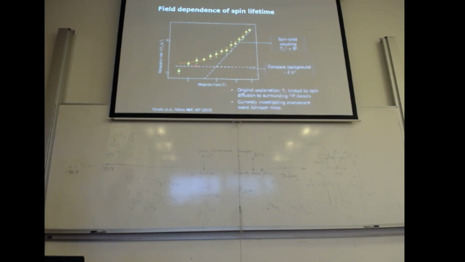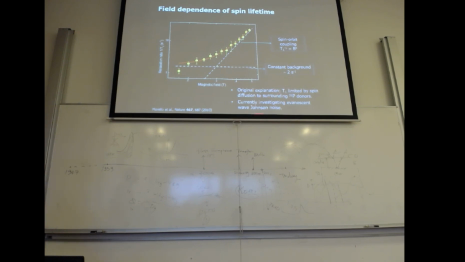In all fairness, why exactly the T1 is limited at the longer time scale at low magnetic field, we have some theories about it, but we are not fully certain. Originally the idea was spin diffusion towards other donors, but I think that explanation is a bit of a long shot.